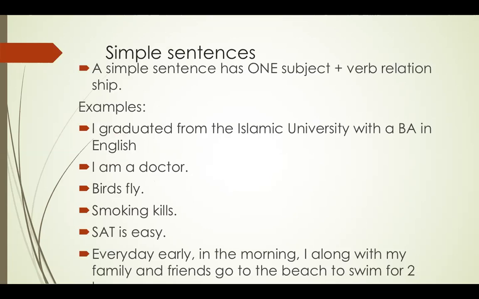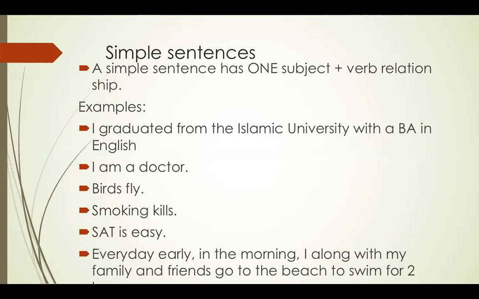So the simple sentence is basically a subject verb relationship. One verb and one subject. That's the issue. There's one relationship between these two elements. A sentence like, I graduated from the Islamic University with a BA in English.